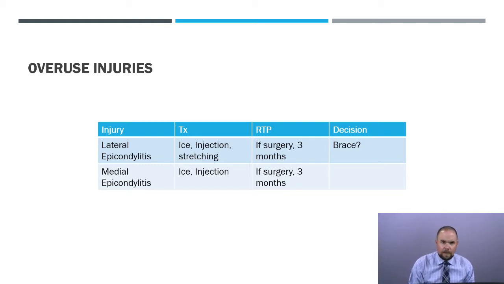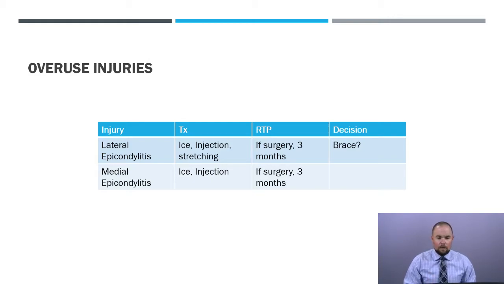As far as bracing goes, I use a counterforce strap. So it's a little strap that wraps around the proximal forearm. You can position that either over the common extensor tendon or the common flexor tendon to depress that, to basically alleviate the pressure on those epicondyles.